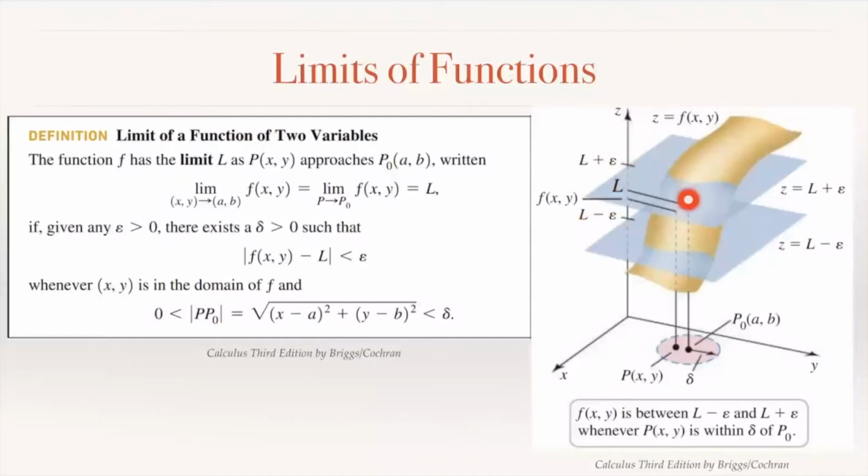And we can always be within that interval by choosing a delta such that within the disk of radius delta around the point a,b, for all x,y within that radius delta, the output is within epsilon of L. So imagine it like epsilon is going to 0 and it's squeezing in around L. And no matter how much we squeeze in around L, we can choose a corresponding little radius around a,b, such that for all points in that little radius, it's within that squeeze.